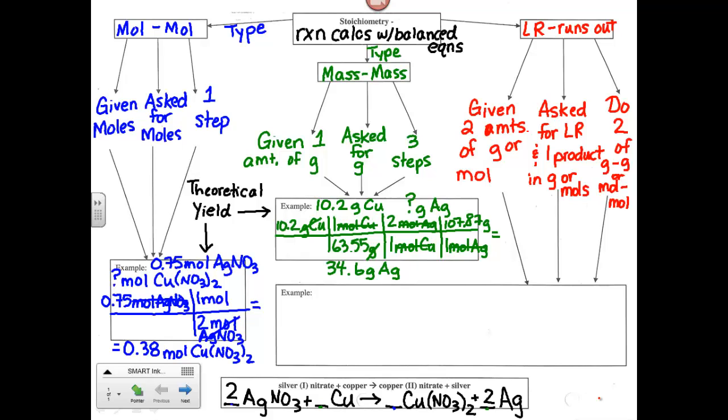An example for a limiting reactant problem might sound like this. If 15.3 grams of copper react with 20.6 grams of AgNO3, what is the limiting reactant and how much silver will be produced?